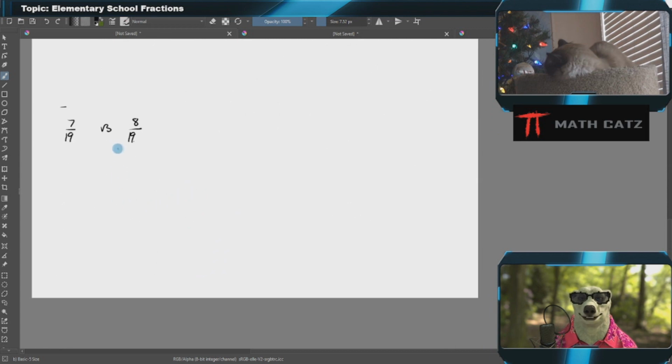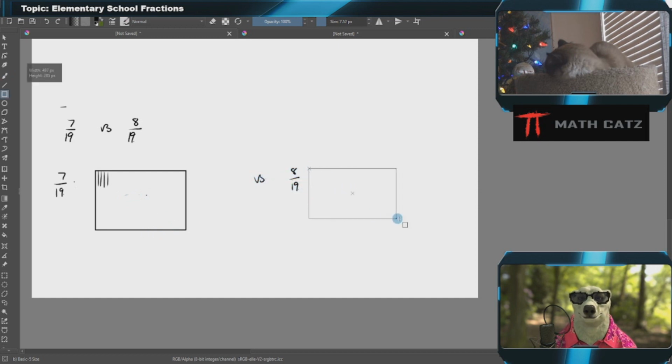To arguably an easier one, where the denominators are the same. So if I now visualize, and perhaps it might make sense to start with something like this before the other one, a little easier perhaps. Here, the rectangle is split up into 19 pieces. Compare that to a rectangle that's split up into the same number of pieces.